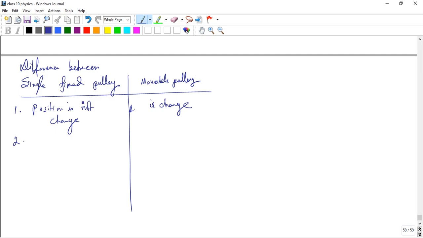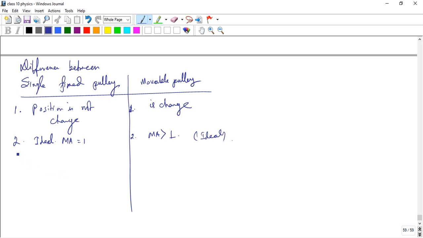The single fixed pulley is ideal and its mechanical advantage is 1, but for the movable pulley the mechanical advantage is greater than 1. It is also ideal, but the mechanical advantage is more than 1.